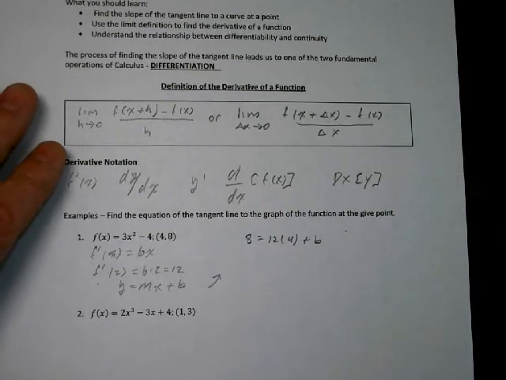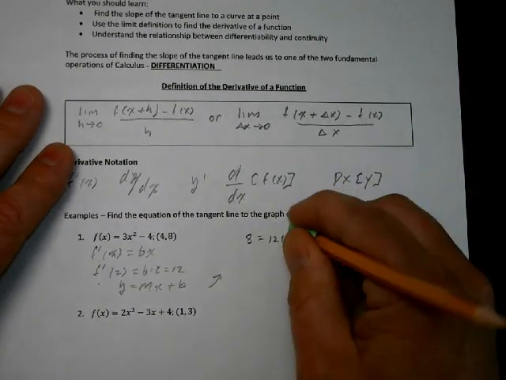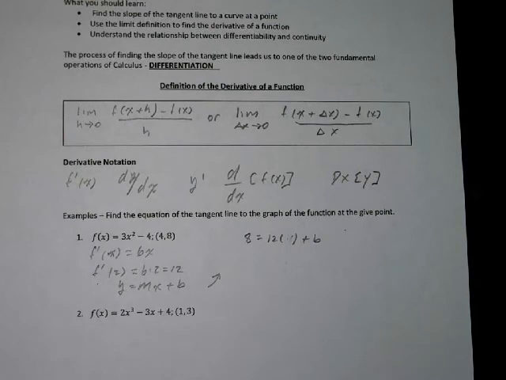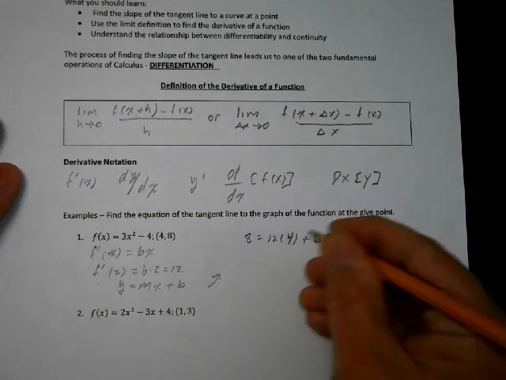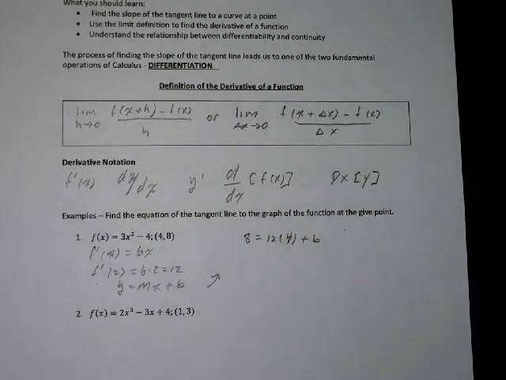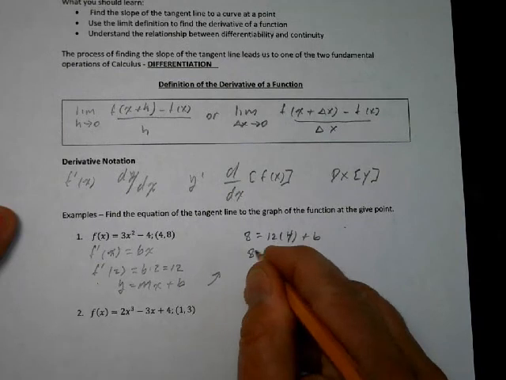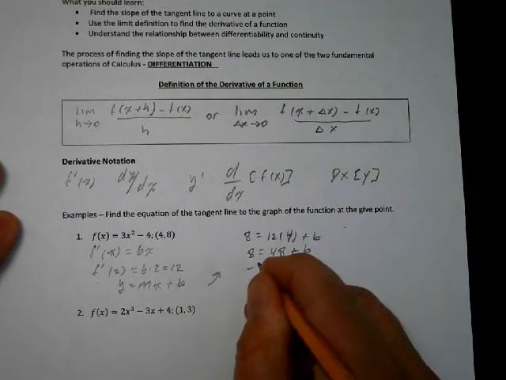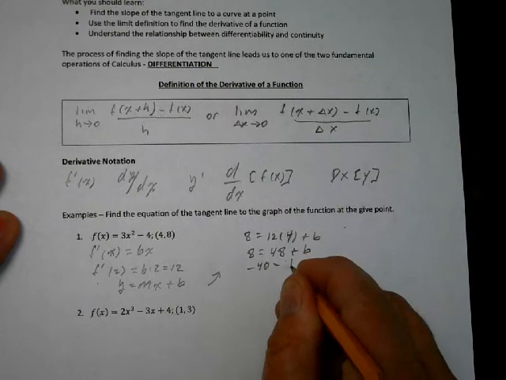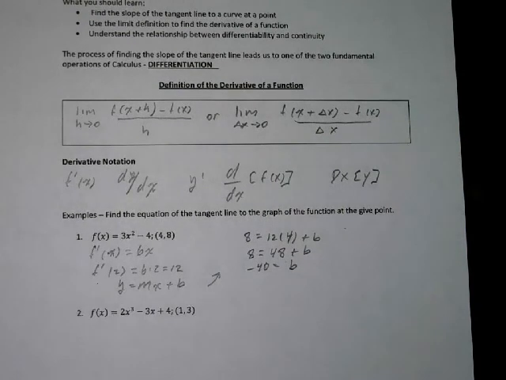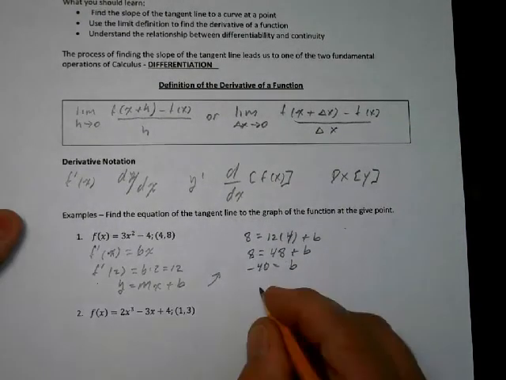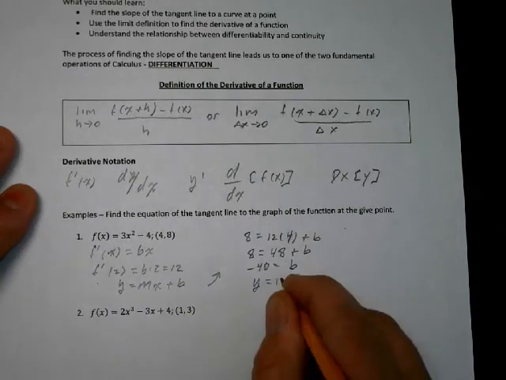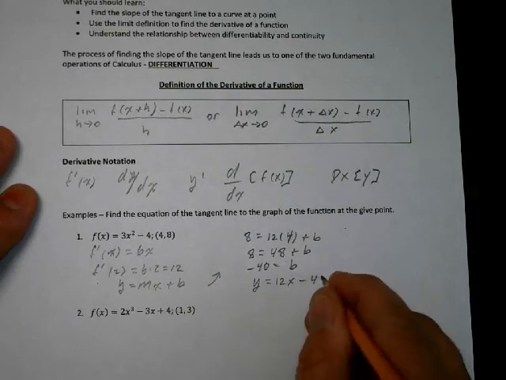Oh, I'm sorry, oh yeah, 4. Okay. 48 plus b, so negative 40 equals b. So my equation of the tangent line is going to be y equals 12x minus 40.